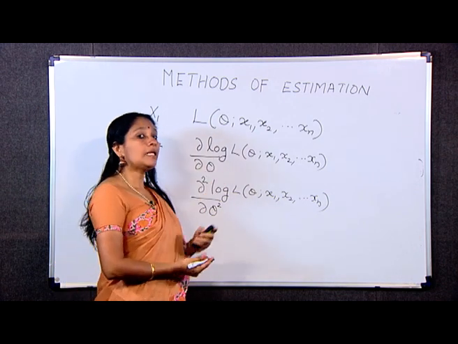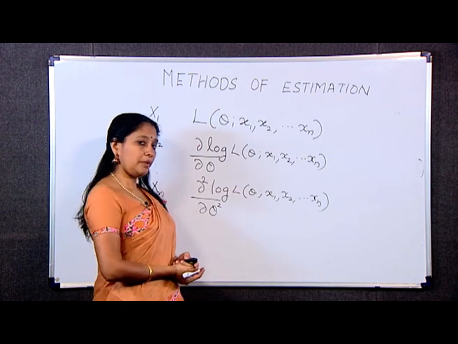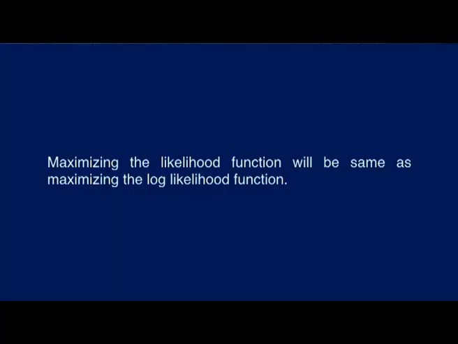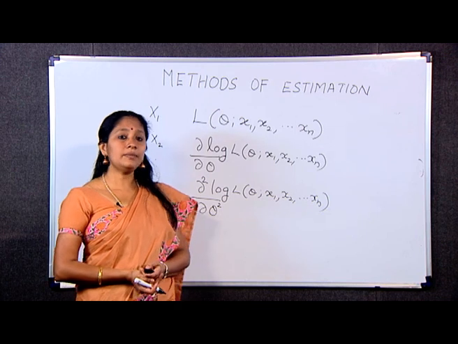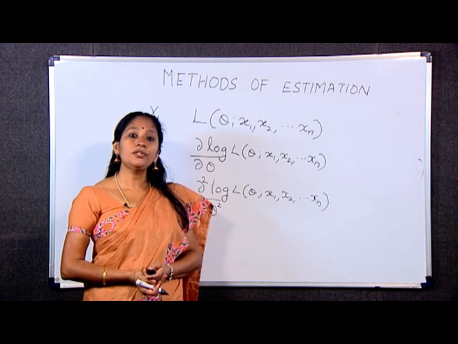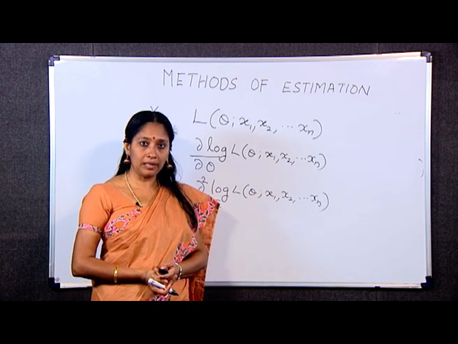Here we are taking the log likelihood function, because maximizing the likelihood function will be the same as maximizing the log likelihood function, and sometimes it is easier to use the log likelihood function.